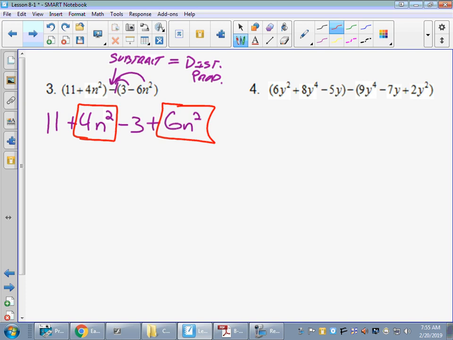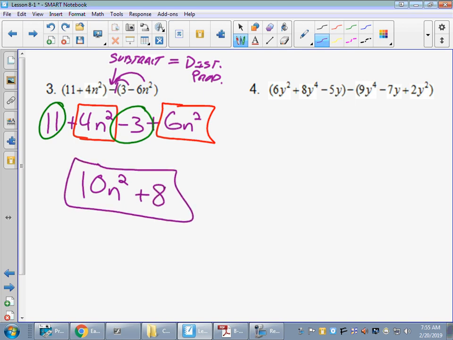That gives us a positive 10n squared. And then I also have two constants, 11 and a -3. So 11 minus 3 gives us a positive 8. So that would be our final answer here. And I cross them out, know that I've dealt with them, and we're good to go.